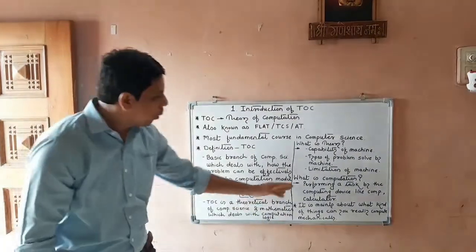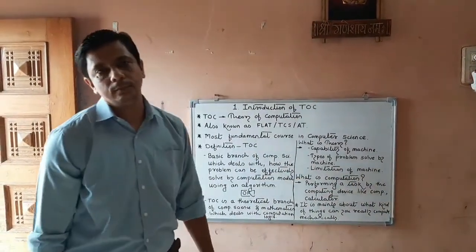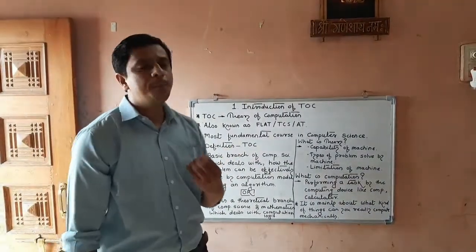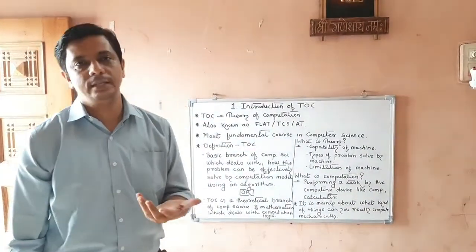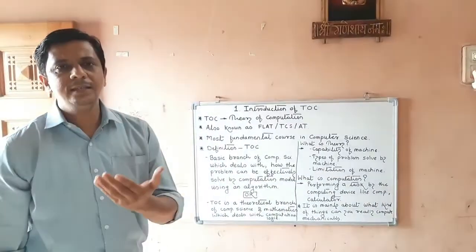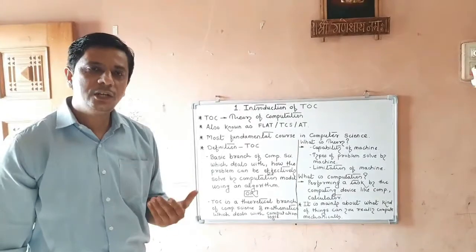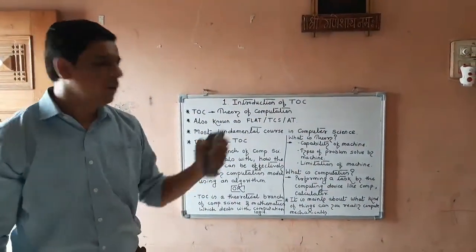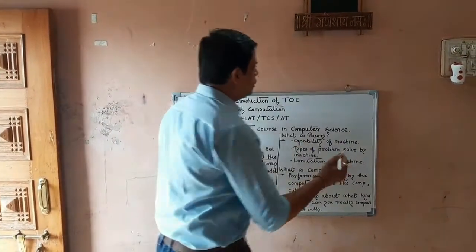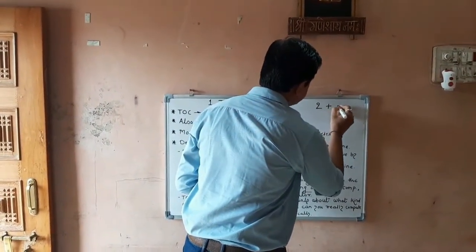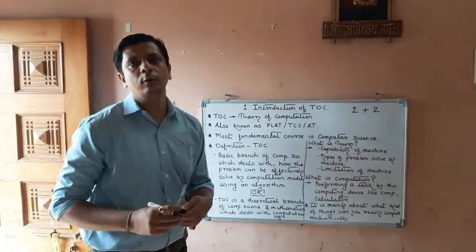Now see what is computation. Computation is nothing but a task performed by a computation device like a calculator, computer, etc. For example, suppose I want to perform the task 2 plus 2 and I have a calculator.